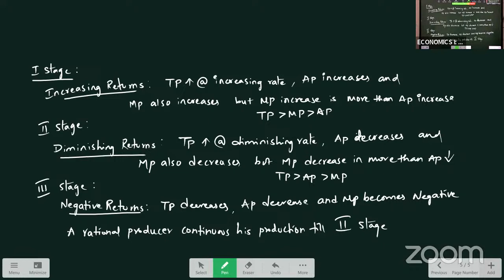So a rational producer continues his production till the second stage. He will not continue in the third stage as he is getting negative returns. So you can add that point also.